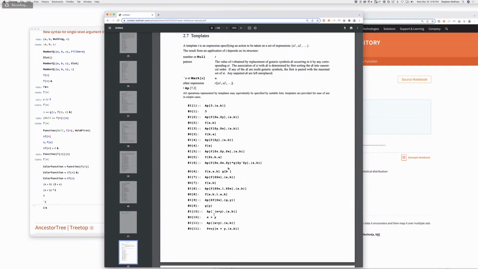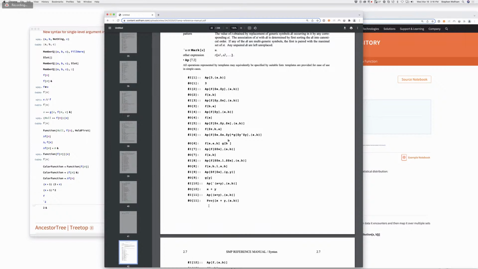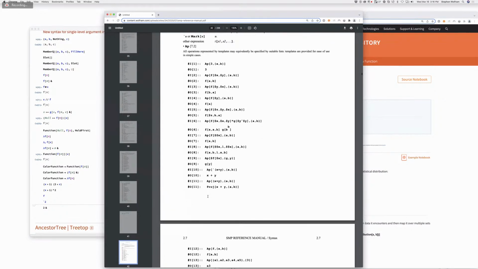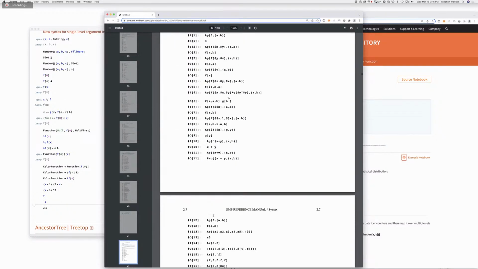So this was the thing that was not figured out in SMP, the notion of composite heads, because that was what SMP did for a composite head. It basically didn't like it. Oh, and that was another incredibly bad idea. A list as a head being applied to a number is the equivalent of part.